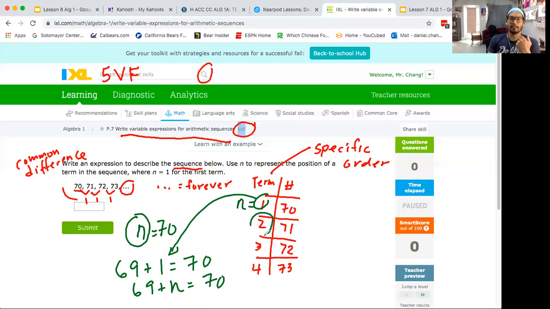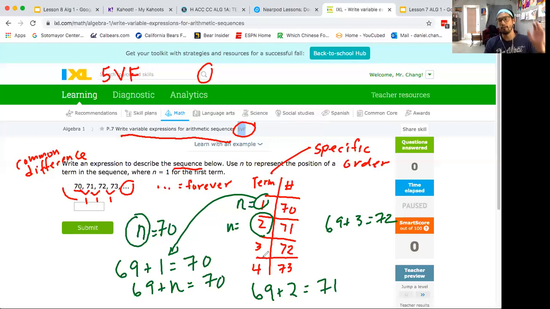The second term is 2, so if n equals 2, 69 plus 2 would get me to 71. So I think I've got it. 69 plus 3 would get me to 72. So I'm starting to figure out that if I replace each of these terms, 1, 2, 3, 4, with a variable n, and I add it to the number 69, I will always get this number.